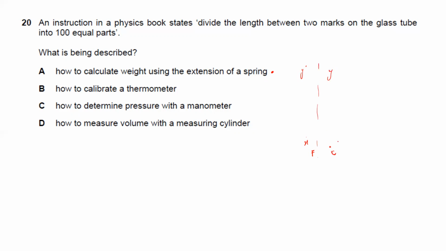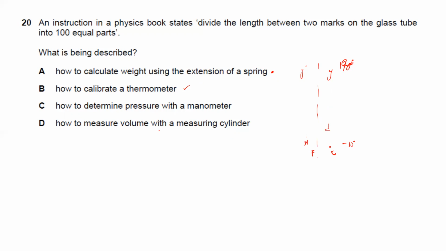Some are from say minus 10 to 120 degrees Fahrenheit, or minus 10 to 90 degrees Fahrenheit, and correspondingly values in degrees centigrade are there. So yes, it can be our answer, and it's a glass tube as well.